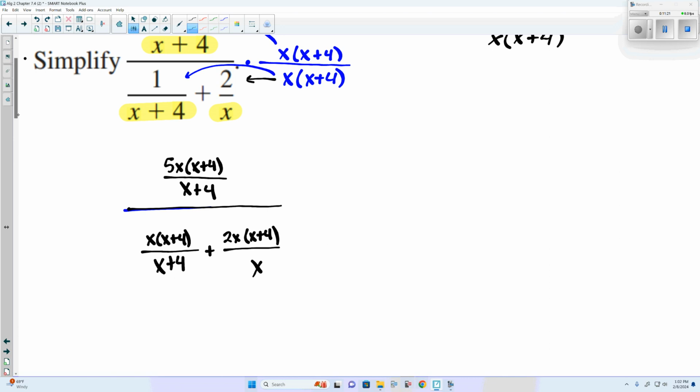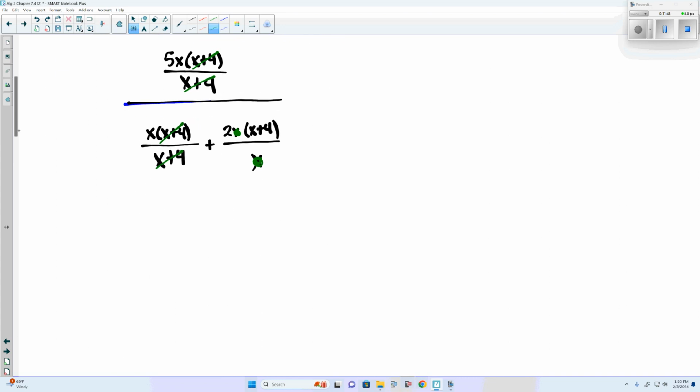Question on how we did this multiplication here? What's in common on top and bottom? On the numerator, we have x plus 4 and x plus 4. The denominator, in the first spot, we have x plus 4 and x plus 4. In the last one, we have x and x.